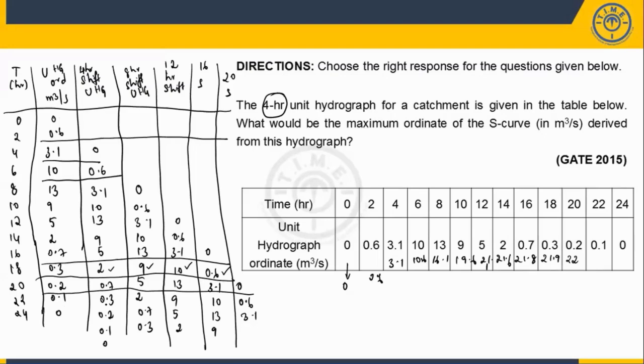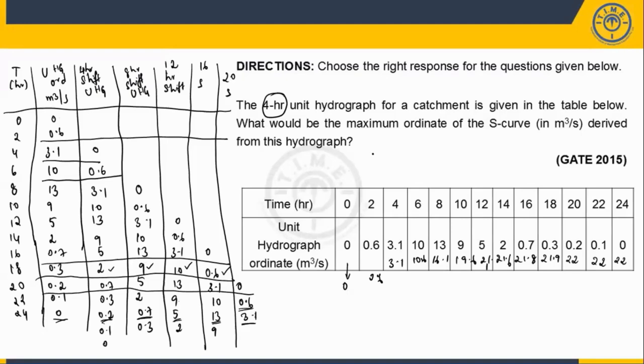Next, 0.1 plus 0.3, 0.4, plus 2, 2.4, plus 9, 11.4, plus 10, 21.4, plus 0.6, 22. Next, 0 plus 0.2, 0.2 plus 0.7, 0.9, 5.9, 18.9, 19 and 3, it's 22.